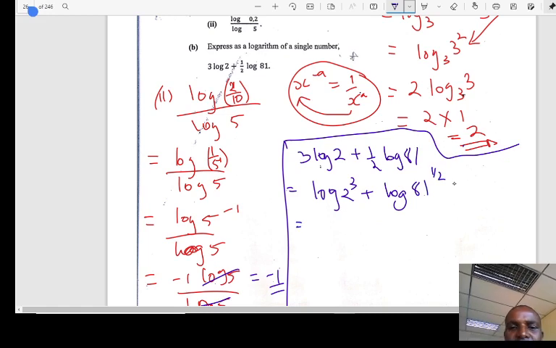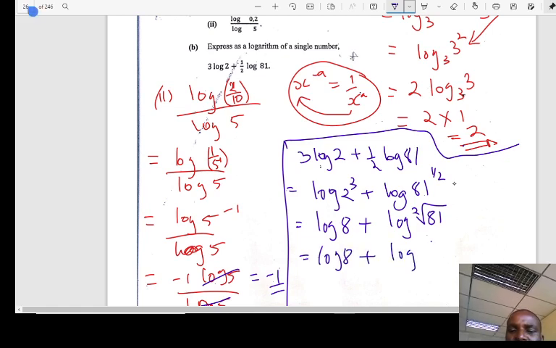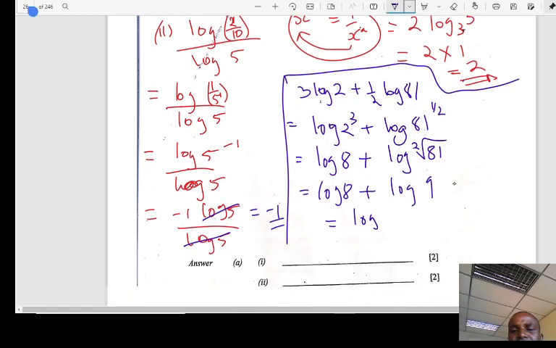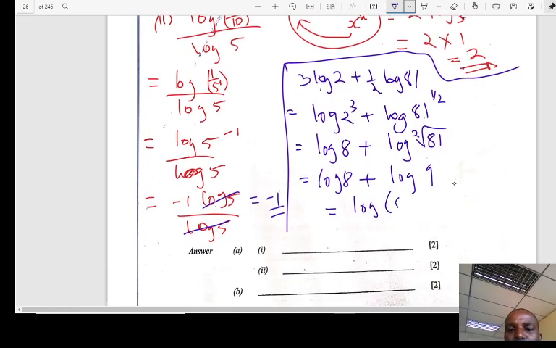So it will be log 8, since 2 to the power 3 is 2 times 2 times 2, plus log of the square root of 81, which is 9. When adding logarithms, you multiply. So it will be 8 times 9, which is log 72. Done.